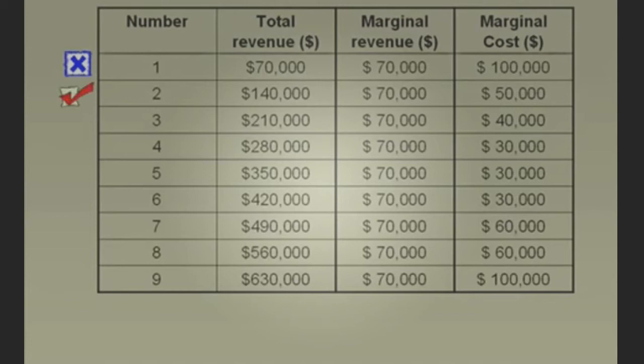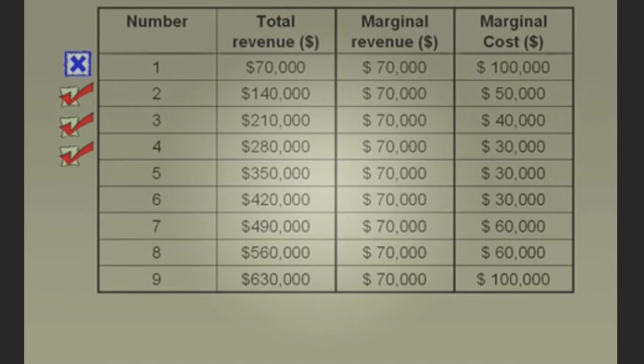It could work because the incremental revenue is 70,000. The incremental cost is 50,000. So the revenue is greater than cost.